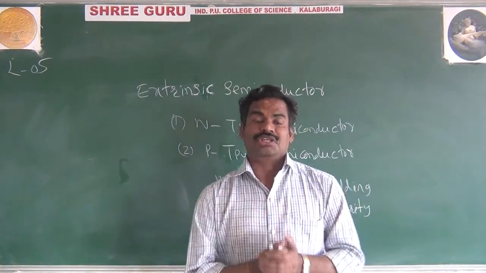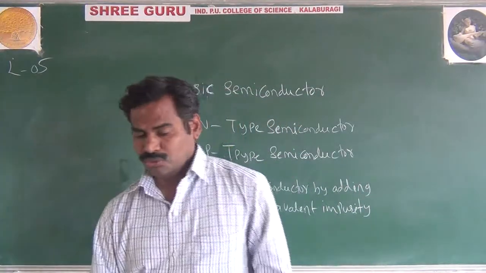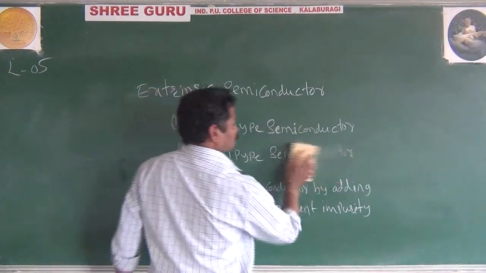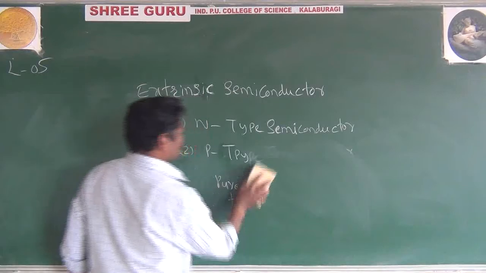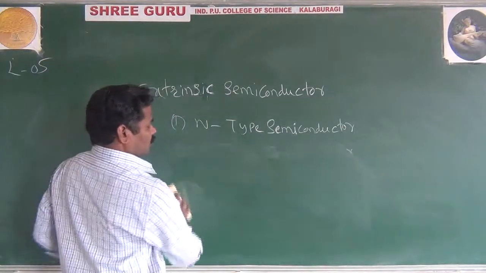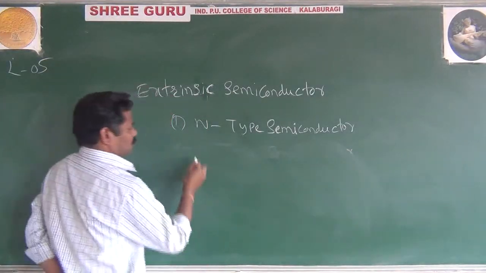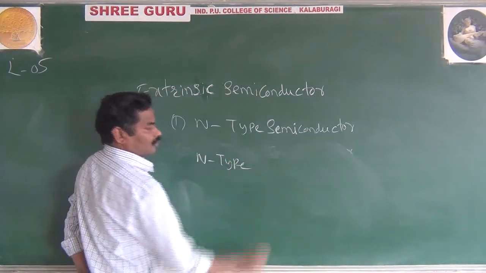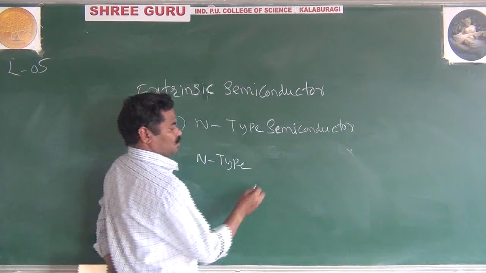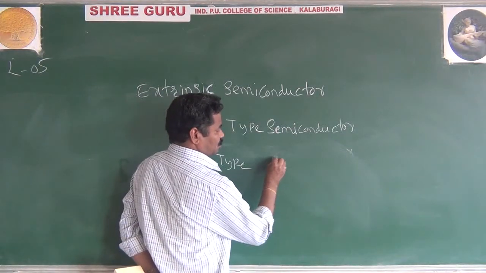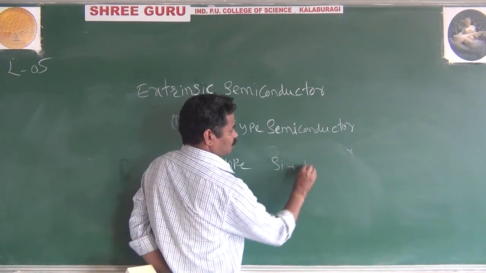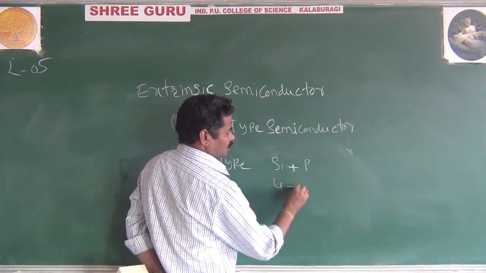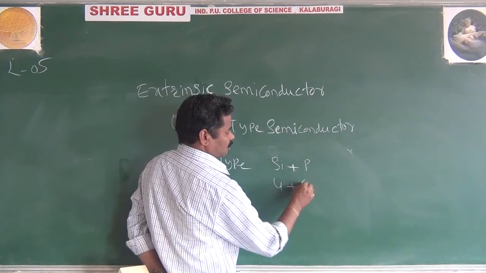Yesterday I explained a good way to identify the N-type semiconductor. Look here, in N-type semiconductor, you are adding phosphorus to the pure semiconductor Si. Si has 4 valence electrons and phosphorus has 5.